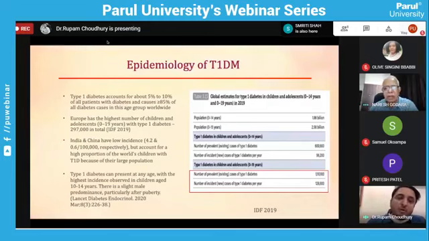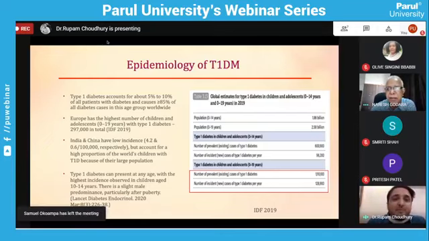This is for entire type 1 diabetes. If you account type 1 diabetes, GDM, and type 2 diabetes, amongst that 5 to 10% will be type 1 diabetics. Of all the types of diabetes, 5 to 10% are type 1.